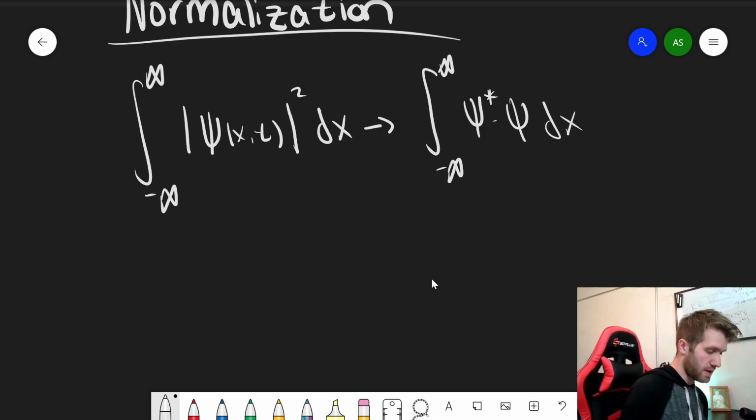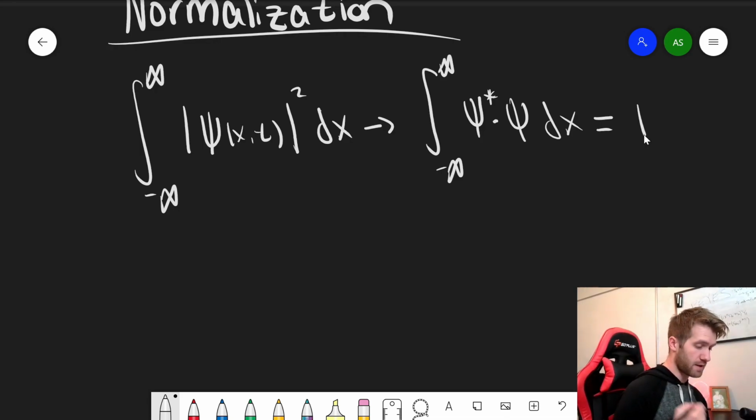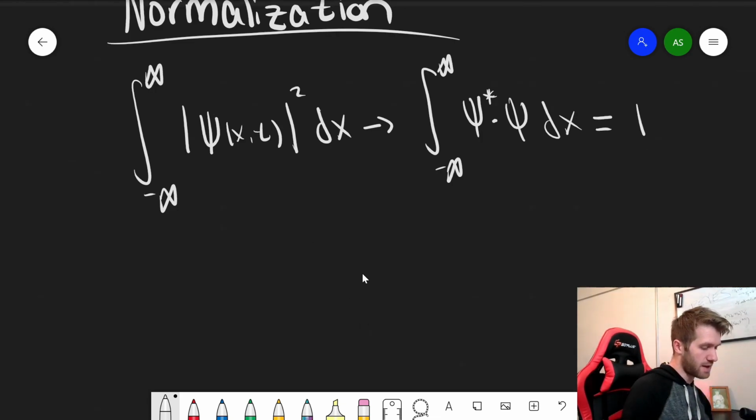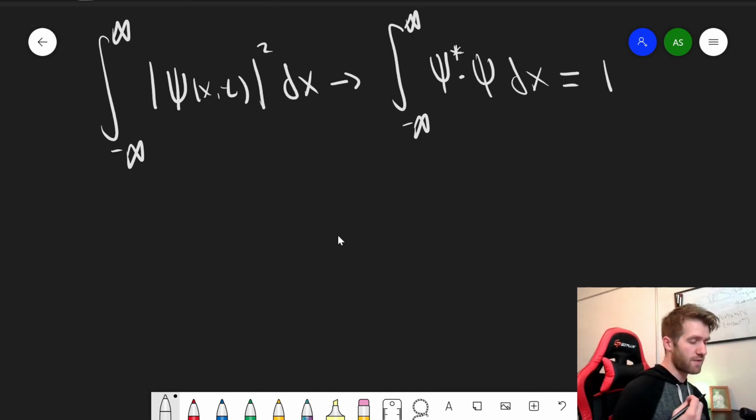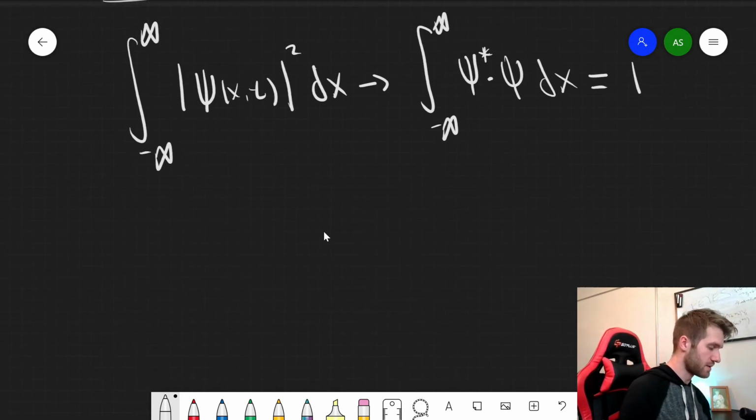Okay, so if we are to preserve the statistical interpretation of quantum mechanics, we necessarily need to invoke what's called Born's statistical interpretation, and this demands that this be equal to 1. And for that to be the case, the particle must exist somewhere, therefore the statistical interpretation is preserved, and we have a physically realizable state. That is a very central facet of quantum mechanics that is going to be popping up very frequently, as you may have already noticed.